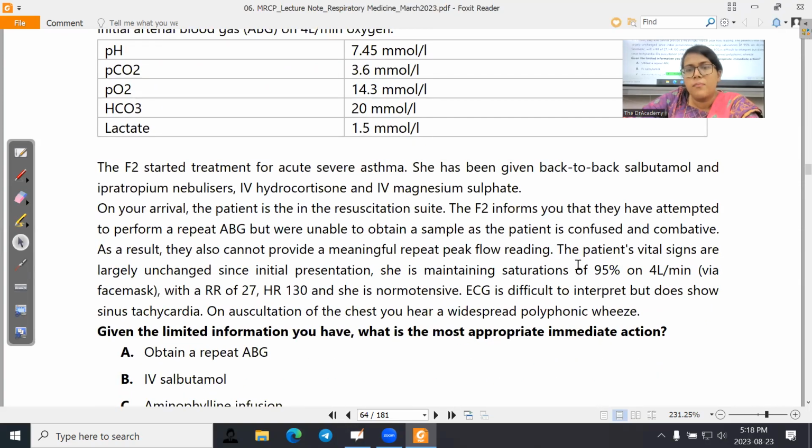Which is a single marker for life-threatening asthma. So despite all the other presentation, after taking oxygen and all the treatment for acute severe asthma, the patient has become confused. So that is the most important portion that will make you think, okay, the condition is actually accelerating. So now our next appropriate immediate action should be referring the patient to the ITU.